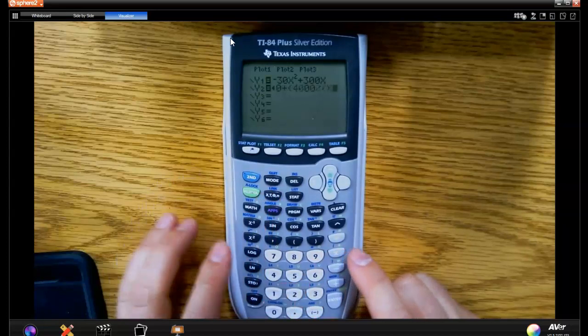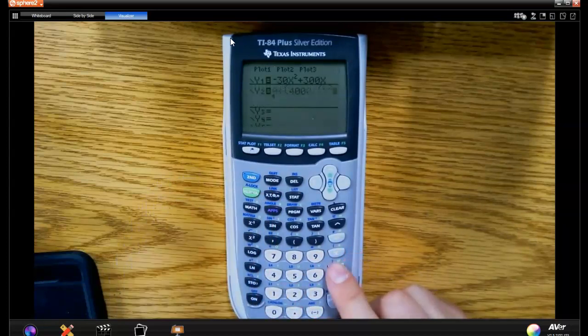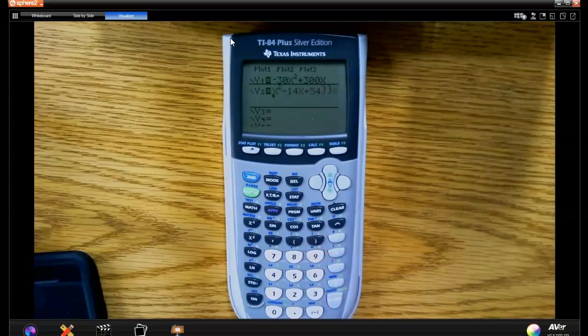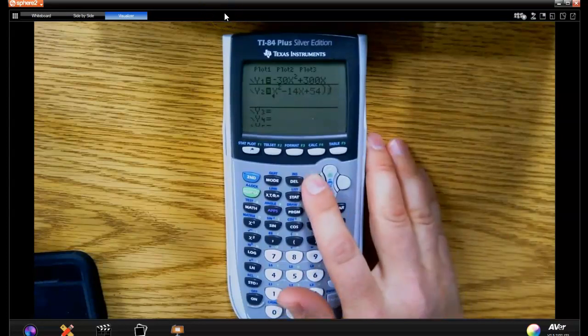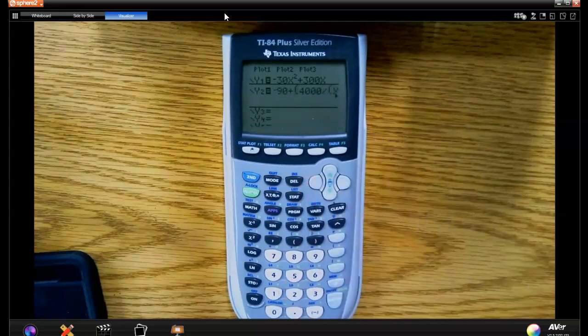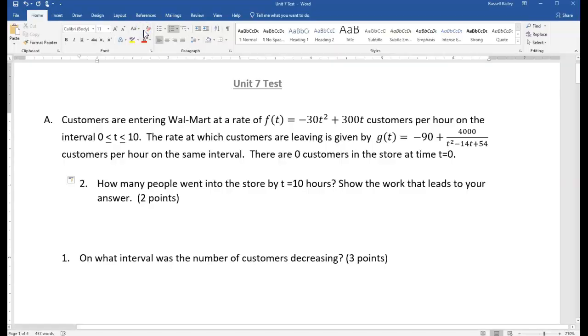The bottom is t squared minus 14t, I think it was plus 54. So the bottom needs its own parentheses, but the whole fraction also needs parentheses. So you'll notice that I've got a double set of parentheses, one around the denominator and then another set around the entire fraction. Let me make sure I typed that in correctly.